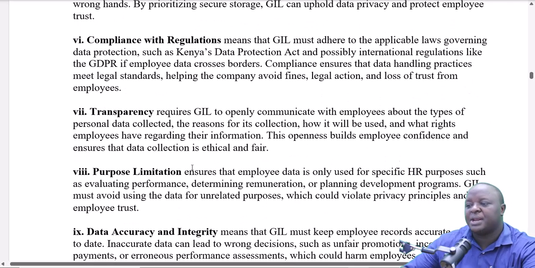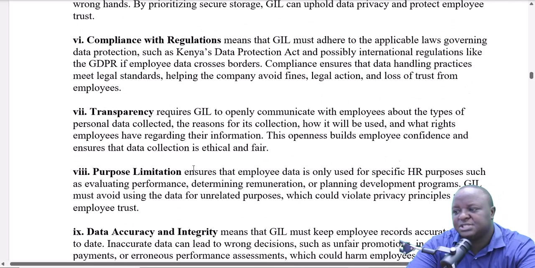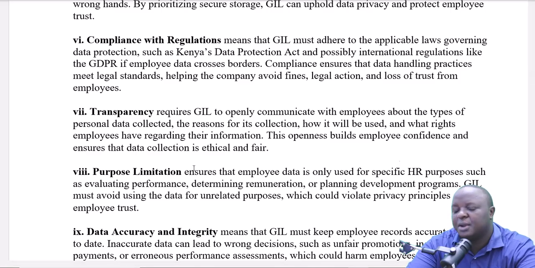Then we have compliance with regulations, which means that Guild must adhere to the applicable laws governing data protection, such as Kenya's Data Protection Act, and possibly international regulations like the GDPR if employee data crosses borders.